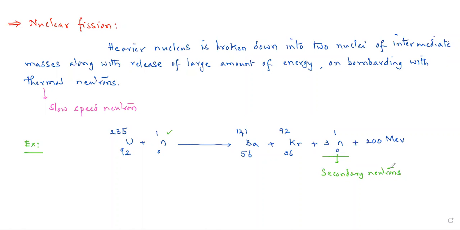So on an average, 2.5 neutrons are formed per fission.